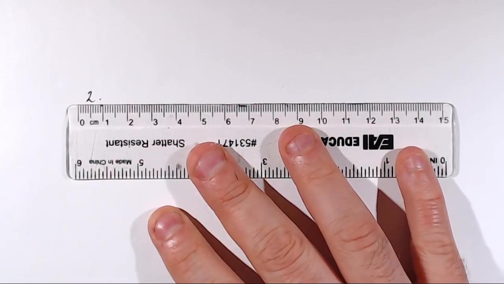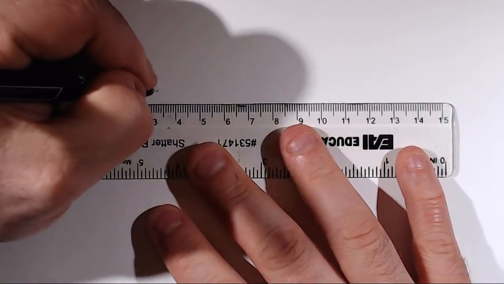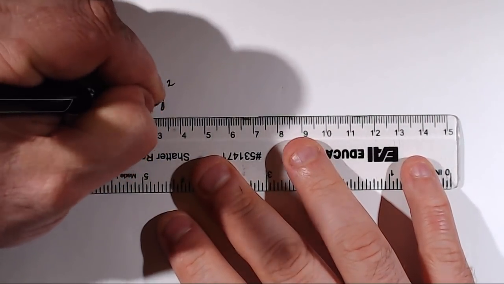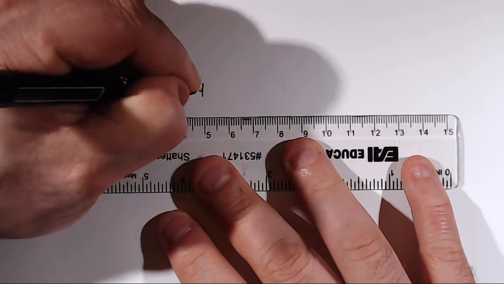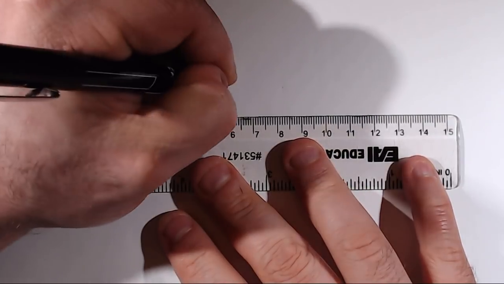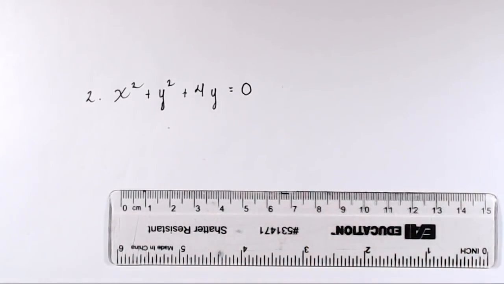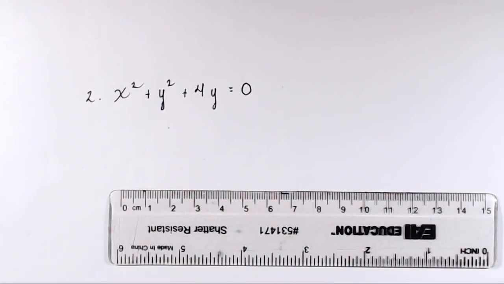And the equation that they give us is x squared plus y squared plus 4y equals 0. Okay? In many ways, this equation is simpler than the one we just did because there are fewer terms.